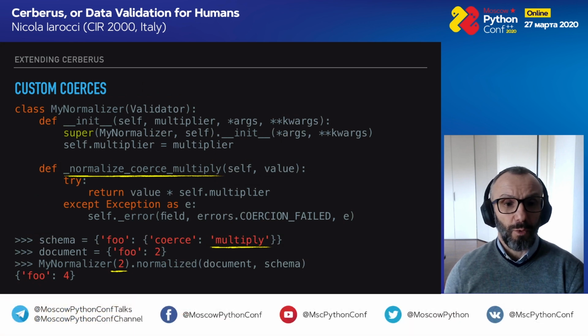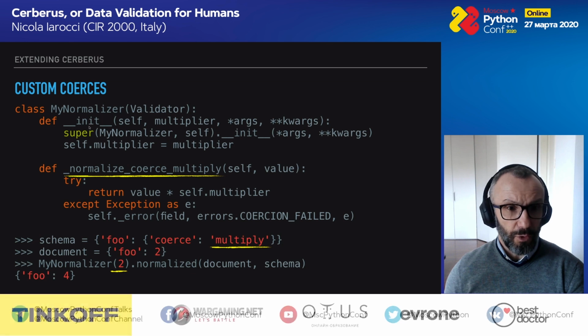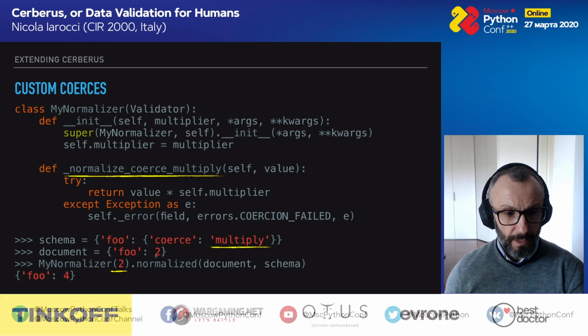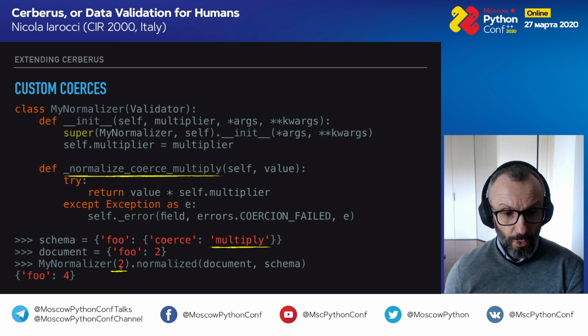And the same thing you can do with coercion. This is a complex, advanced example where we have our own validator, a subclass of the base validator. You see it has a constructor. It takes a multiplier. Here you see the usage of this one. Basically, we are normalizing, multiplying the values of the document by 2, as in this, the document has a foo value of 2.